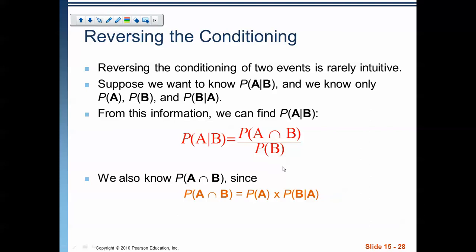We have the denominator because we'll be given the P of B, but we have to find P of A and B. But that's okay because P of A and B is P of A times P of B given A, which is also information that we have. But notice that that P of A and B comes from the flipped condition, B given A, not A given B. Reversing the condition is the same as what?